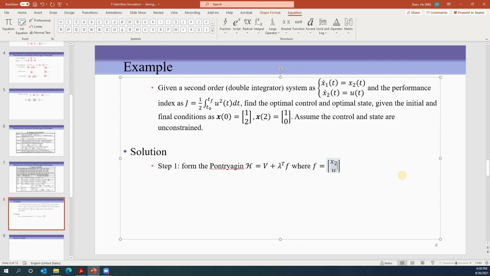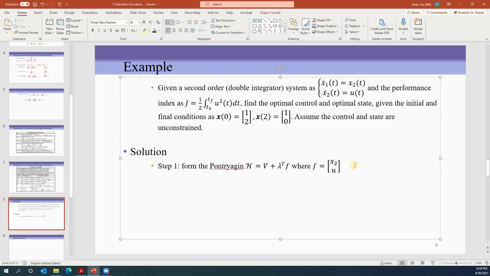I'm not carrying that over to all the places, otherwise it will be too hard to write. But when you write it in the report, you need to write that out. The Hamiltonian is a function of the state, co-state, and time t. And the function V is equal to everything inside the integration, right?